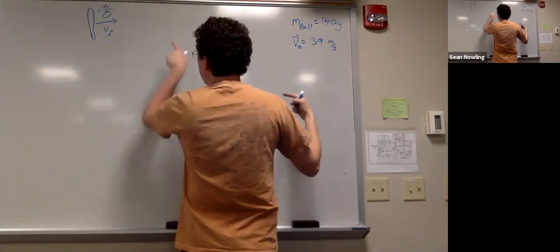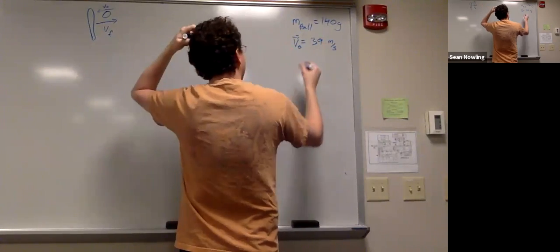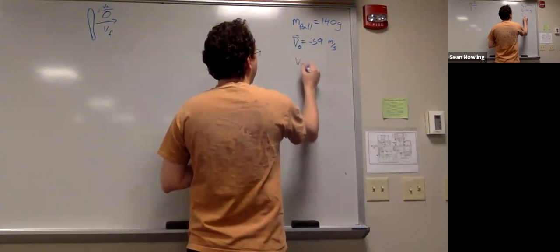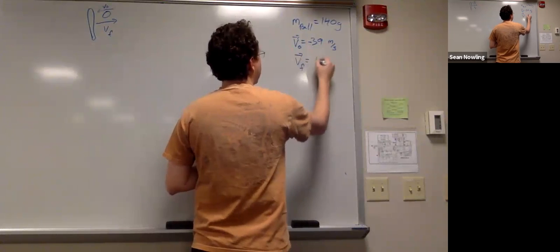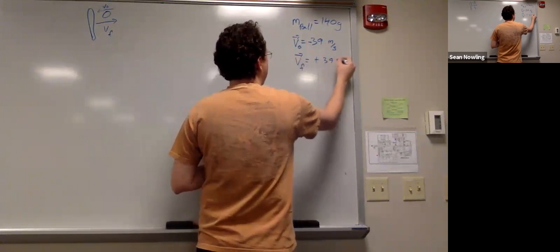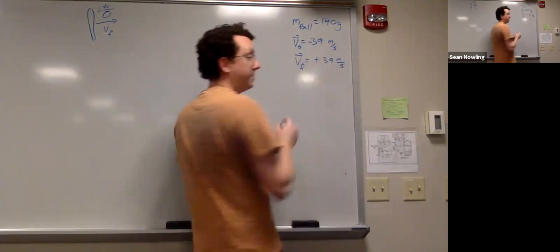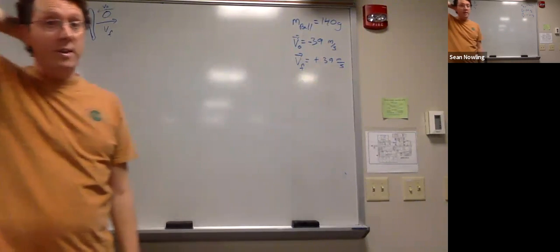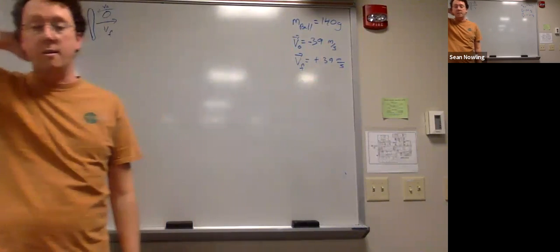But the way I drew it, initially it would be to the left. So I want to say that's a negative 39 meters per second. And V final would be to the right, and we're going to say it's a positive 39 meters per second. Okay? So watch the minus signs on these things. These are vectors. They have all the rights and privileges thereof.